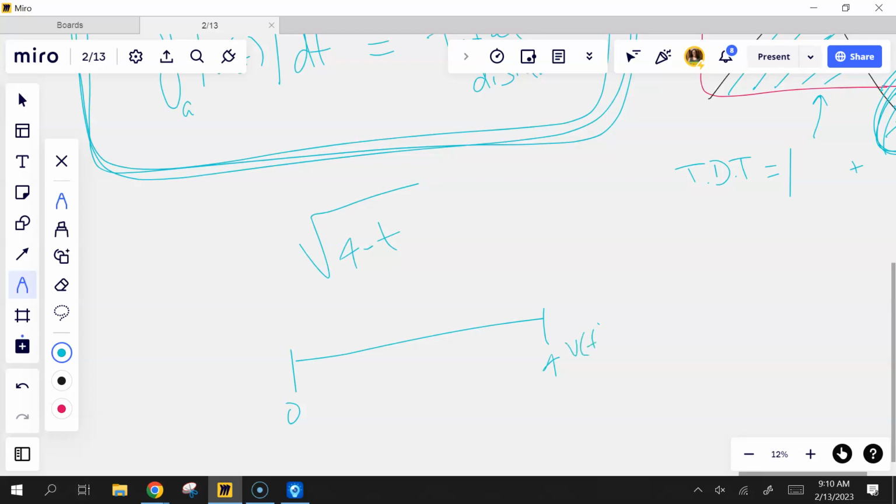So if the velocity is always positive, then the absolute value of that is the same. So in this case, since it's always positive, this equals this when I'm from 0 to 4. Does that make sense? Why?